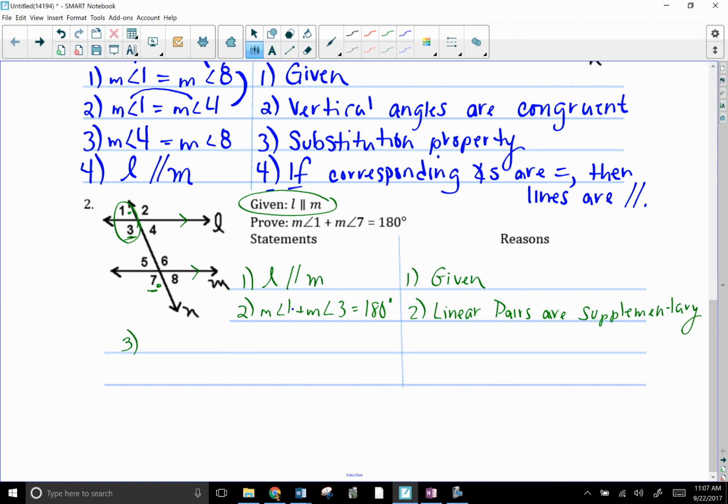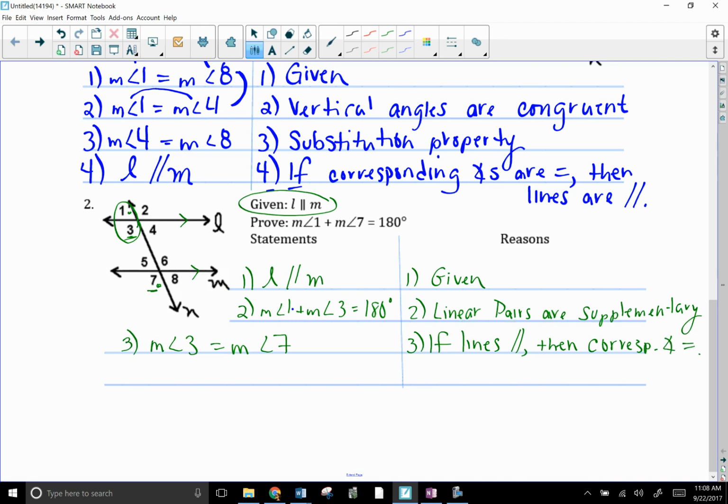Well, what's the relationship between 3 and 7? They're corresponding. Who said that? It was me again. They're corresponding. So the measure of angle 3 is equal to the measure of angle 7, because if lines are parallel, then corresponding angles are equal.